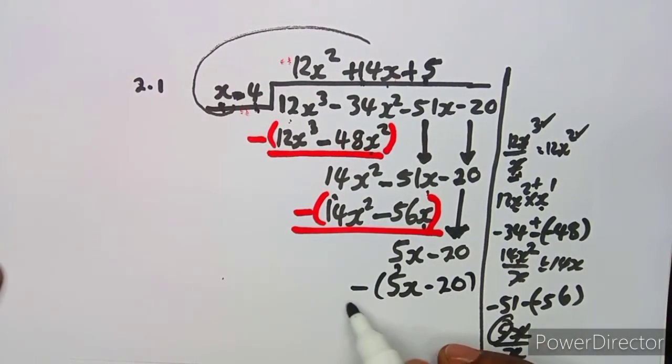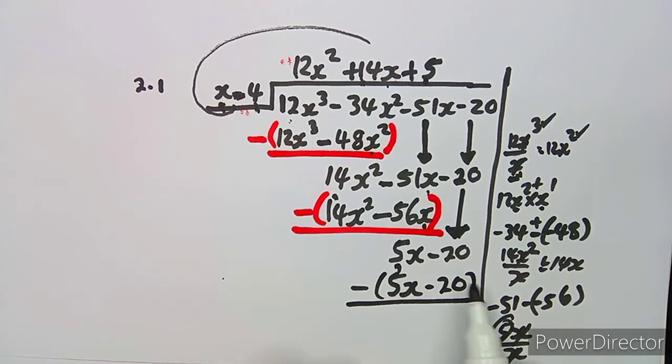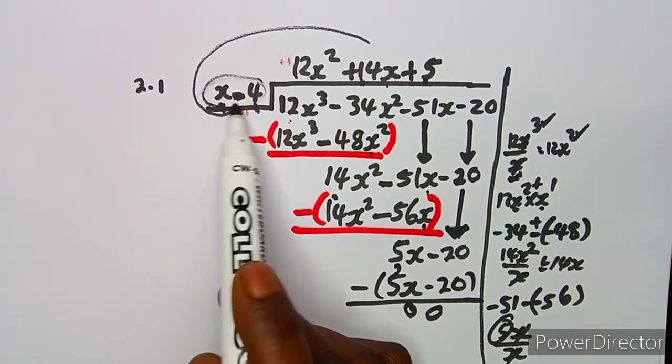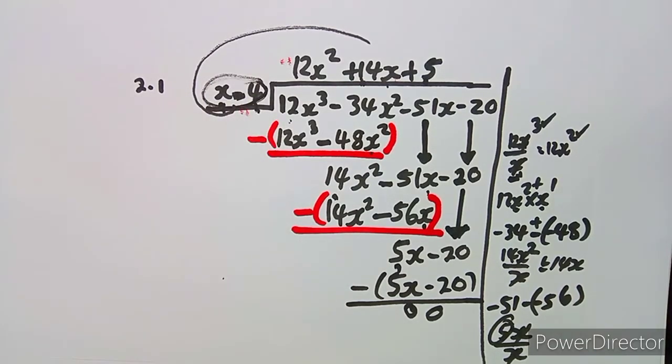Then you can subtract again, and as you can see, these two are the same, so that's going to give us a 0 0 there, which means x minus 4 is actually a factor. We are referring to x minus 4 as a factor since we are not having a remainder. We are having a 0 0 there.